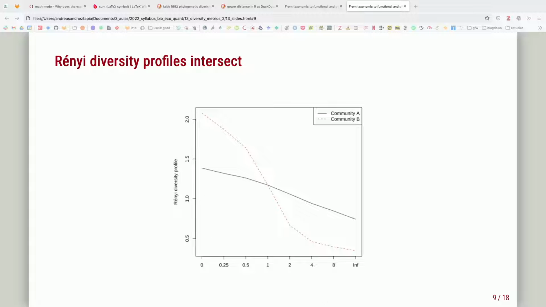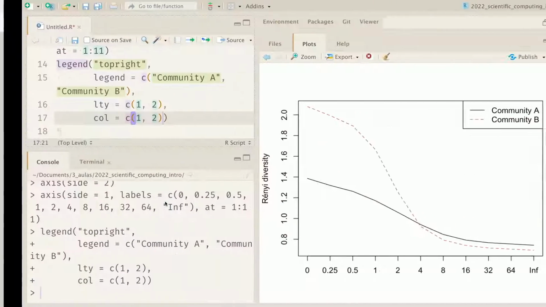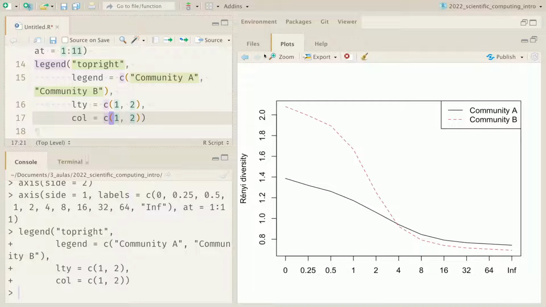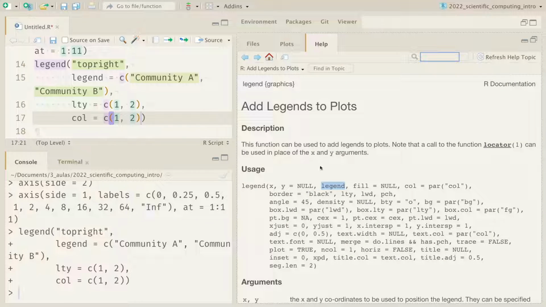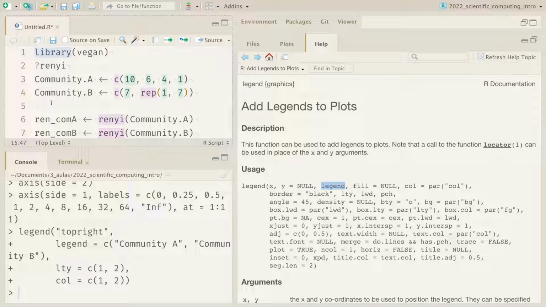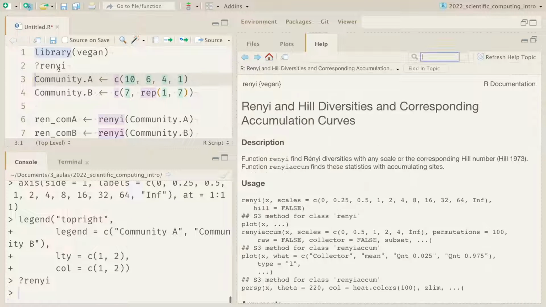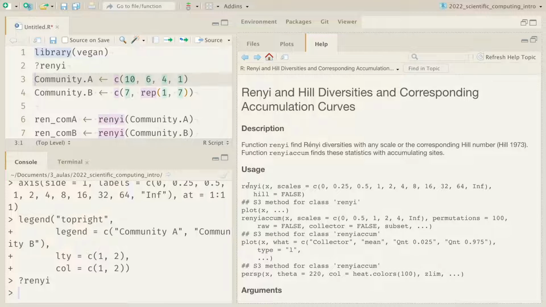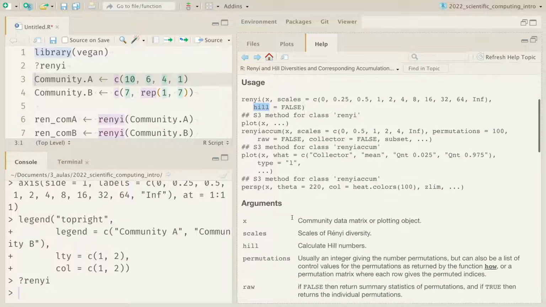Yes, I think the fact that there's an exponent, Renyi versus Hill numbers, is the way Renyi calculates. So it's in the same scale. Here we are not calculating the Hill numbers.